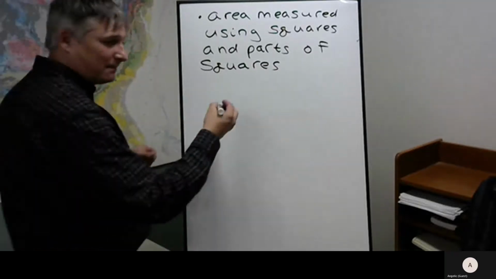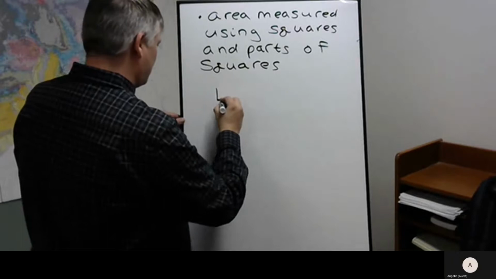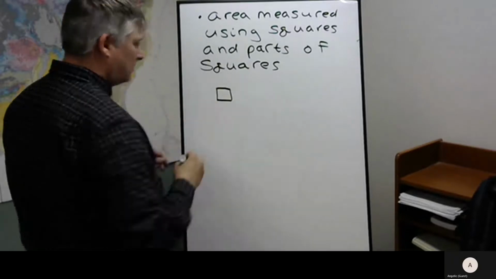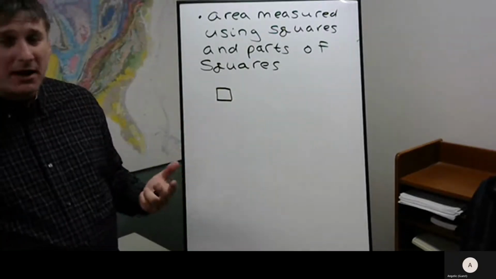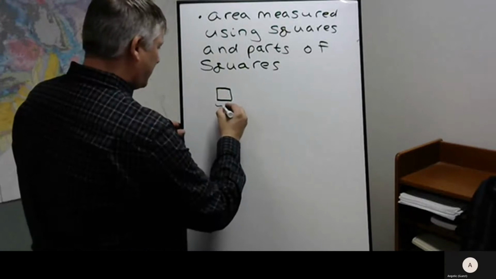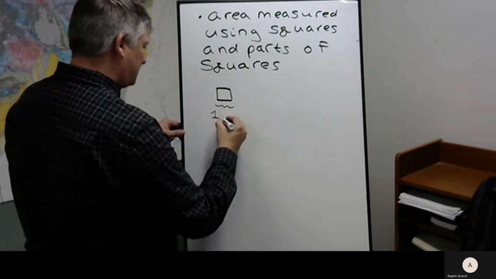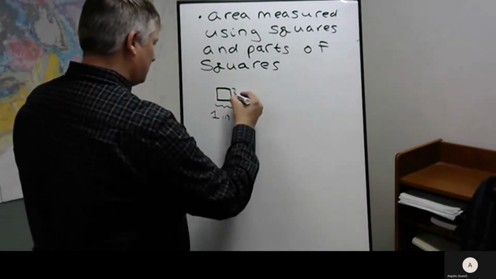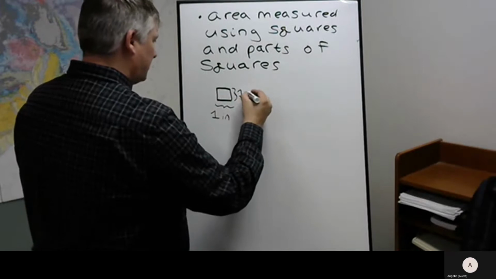So for example, we could use a square of this size. Now this square is about 1 inch by 1 inch.